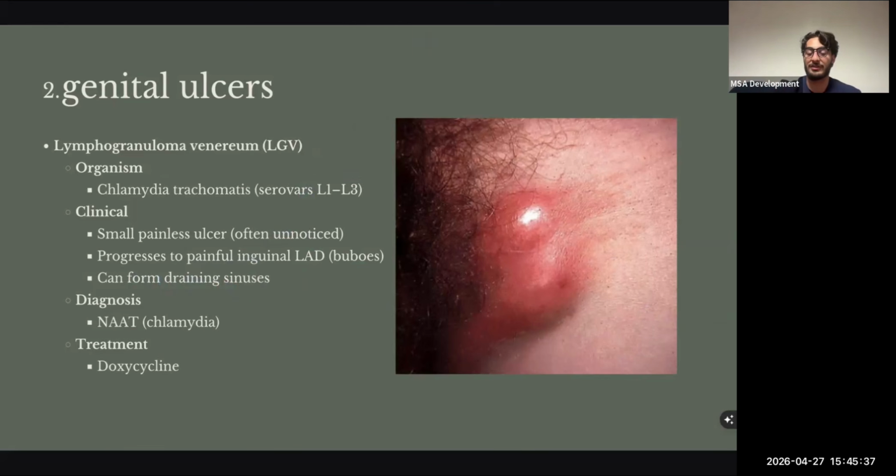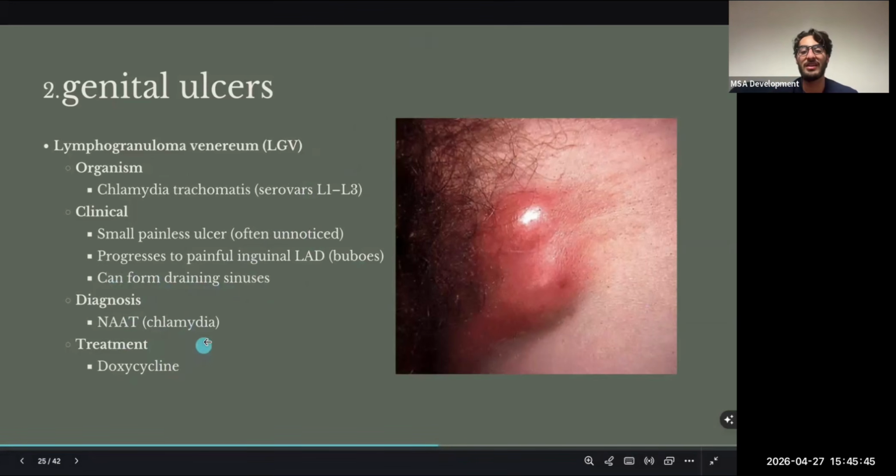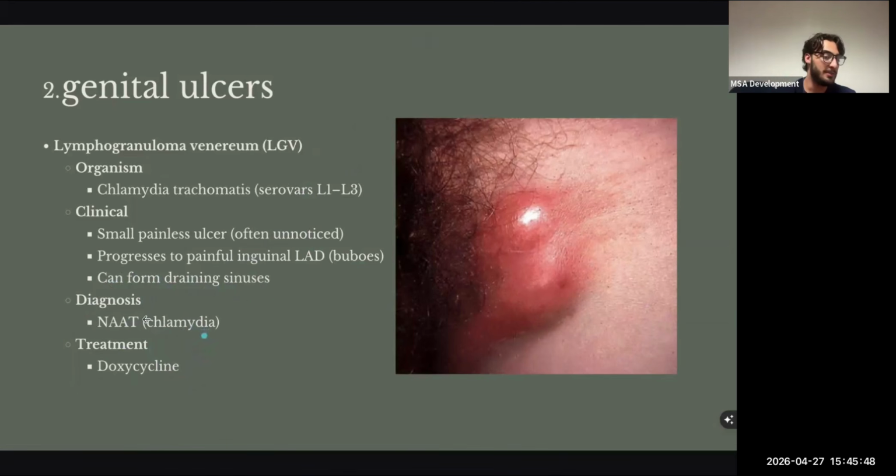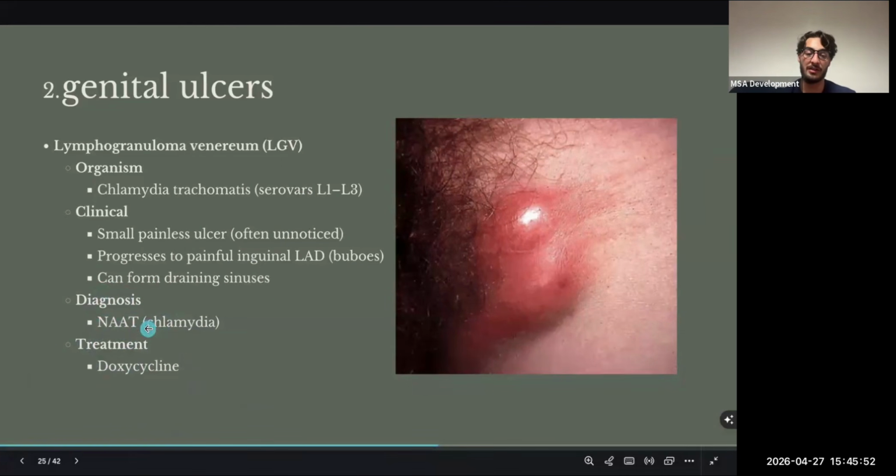So the ulcer itself can cause a sinus that drains very purulent discharge. Again, this is chlamydia, so you're not really going to diagnose it with a culture or a gram stain. You're going to do NATs, which is what we talked about before, and doxycycline is the treatment, similarly to what we talked about before.